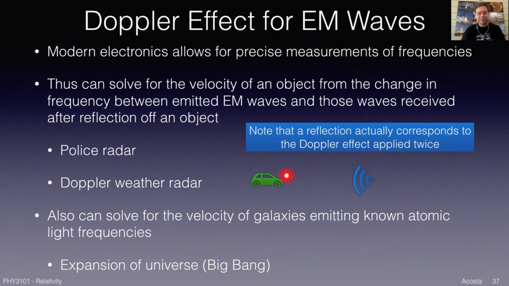In other words, they're going to hit the surface, they're going to be absorbed. And then that source re-emits the waves in the opposite direction. So there's both a receiving by the source, by the detector, and then that detector becomes a source and re-emits them, it reflects them. So you have to apply the Doppler effect twice if you solve a problem that way. All right, let's do a simple example of the electromagnetic Doppler effect.